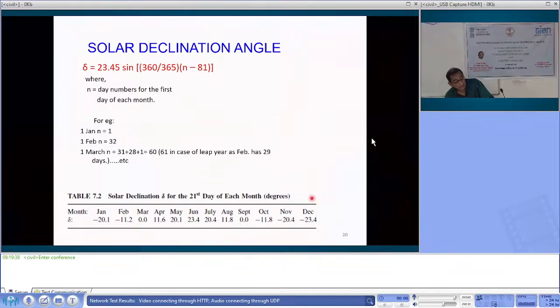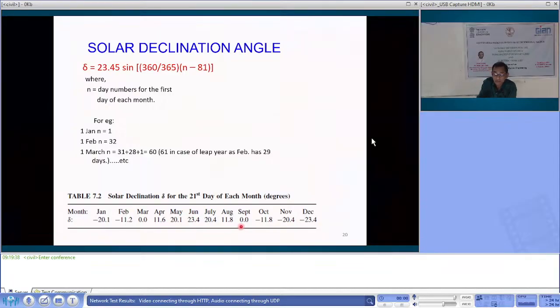This declination angle, all these equations students have put in and developed a MATLAB program to verify the bottom table, where the angle varies from minus 23.4 in December to 23.4 in June. In this table they have considered the 21st of every month. Only care you have to take, if in a numerical we ask the students, is that if it is a leap year like 2024, February will have 29 days.